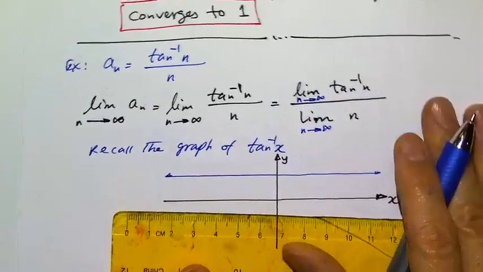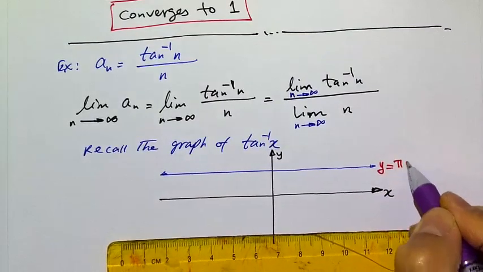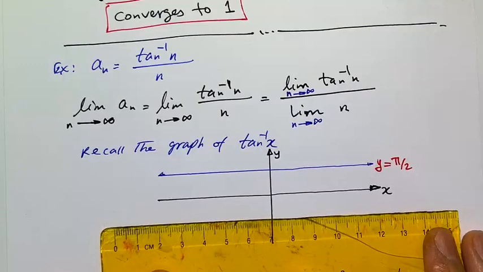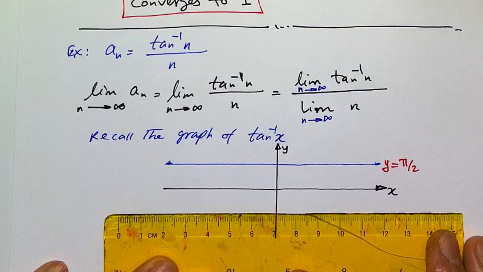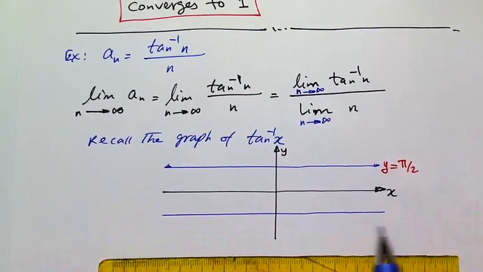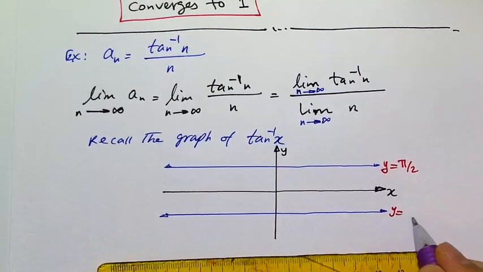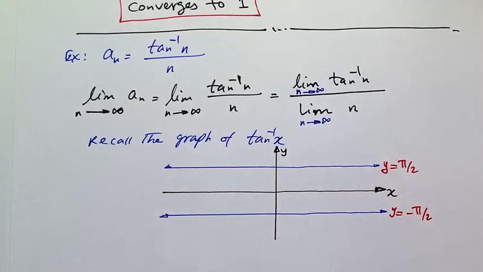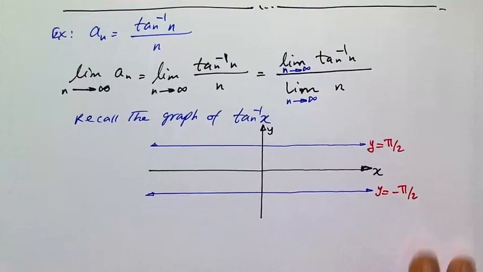So this is y equals positive pi over 2, and another horizontal line here that is y equals minus pi over 2. And then the graph of the inverse tangent was something like this.